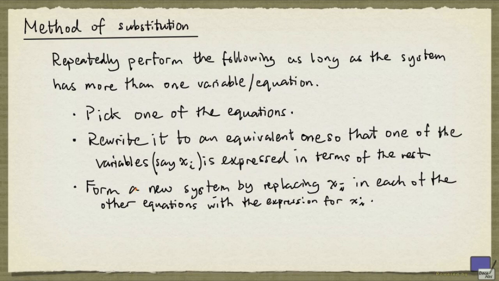And then you form a new system by replacing xi in each of the remaining equations with the expression for xi. Then you'll end up with a system with at least one fewer equation and one fewer variable. So if you do this repeatedly, eventually you'll get down to a system where you can easily find the solutions.